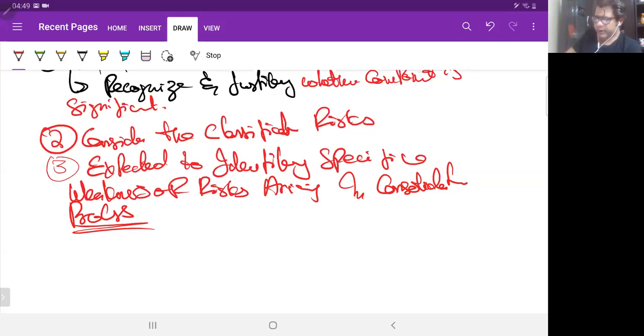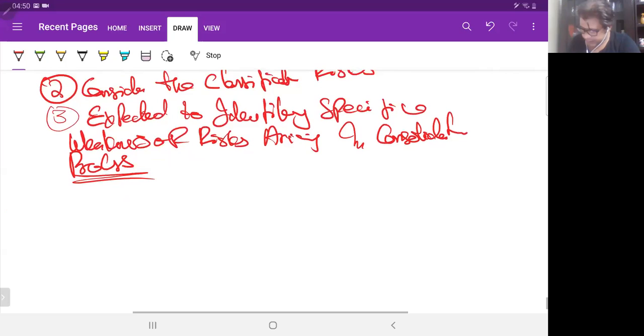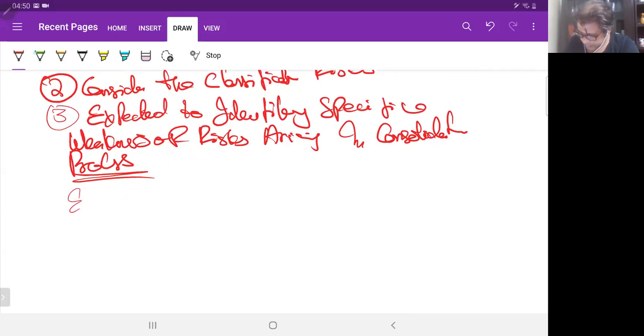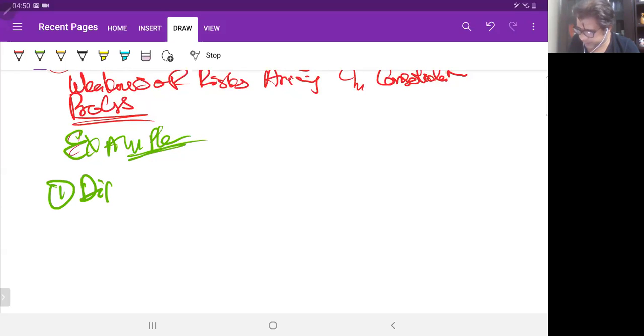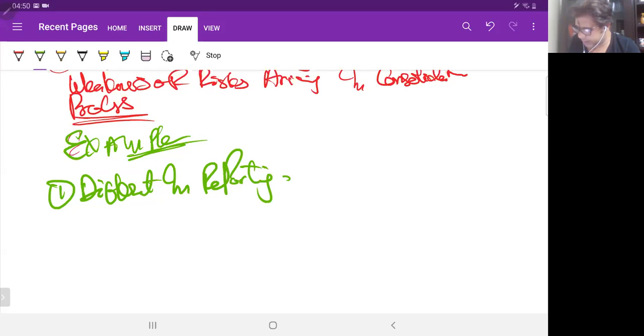Right. For example, let me give you an example for this. Examples can include, number one, difference in reporting dates, right, which could cause a risk of inappropriate figures being included in the consolidation for a component.